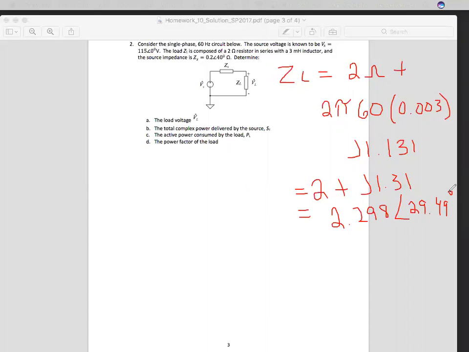So we have that given. Now let's find our VL, this value right here. The load voltage is found just like we would in a DC circuit, using Ohm's law.